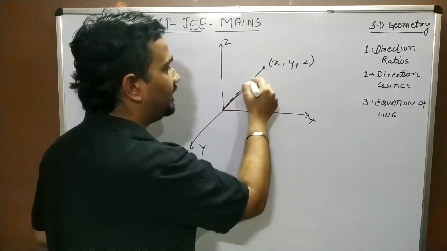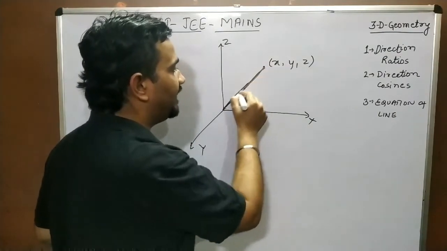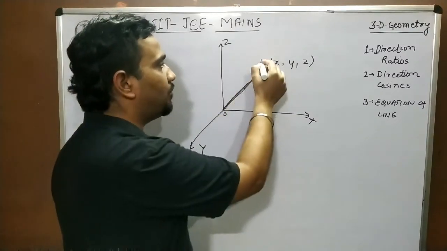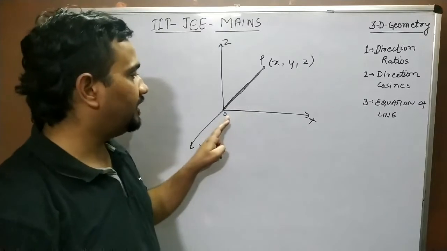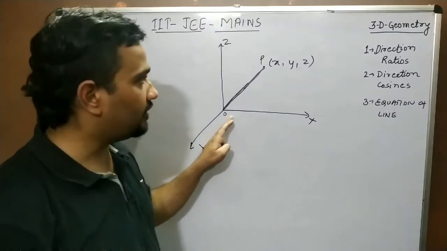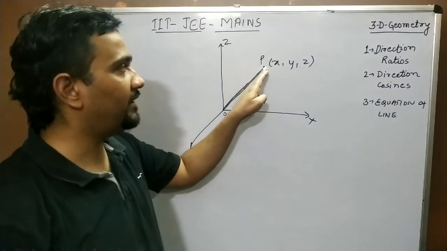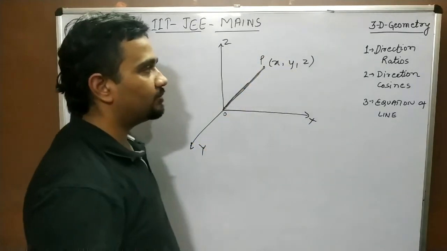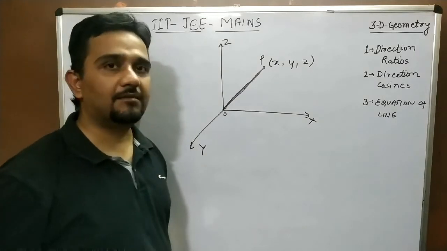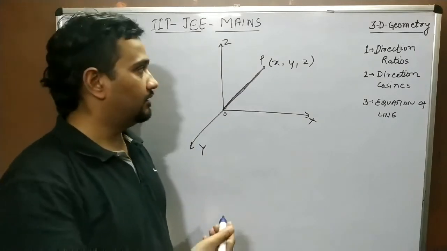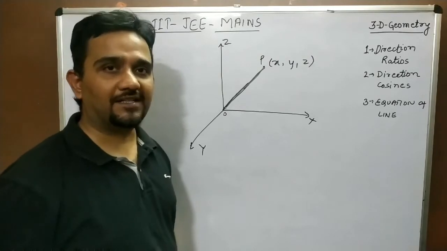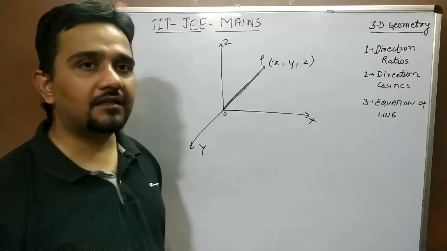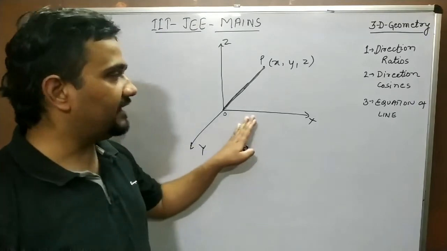This point can be defined by the line which connects the origin and that point P. The coordinates of the origin are 0, 0, 0, and the coordinates of point P are x, y, and z. To explain the position of the point, we have considered the angles with the axes.